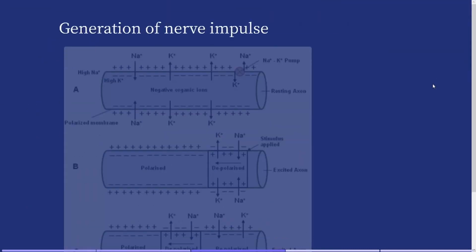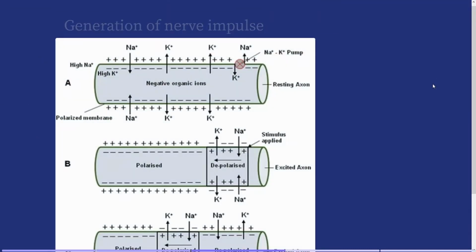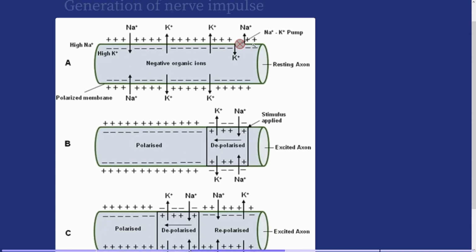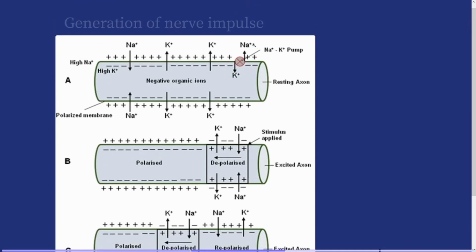Next, generation of nerve impulse. This topic has been given in NCERT. So first you need to remember that generation of a nerve impulse is caused because of a disturbance of ions in the axonal membrane.